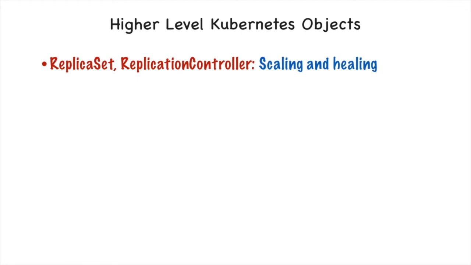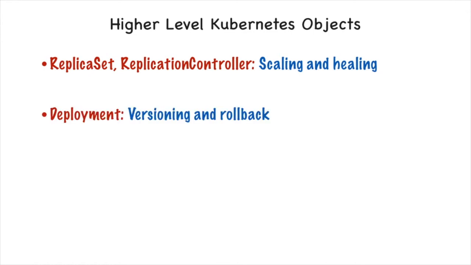Once we understand this ephemeral nature of pods, we also see the need for some of the other important constructs in Kubernetes. Because pods do not offer auto healing or scaling, we need a higher level construct which is called a replica set. Because pods do not offer versioning and they do not offer easy rollback of components, we need a further higher level construct called a deployment.